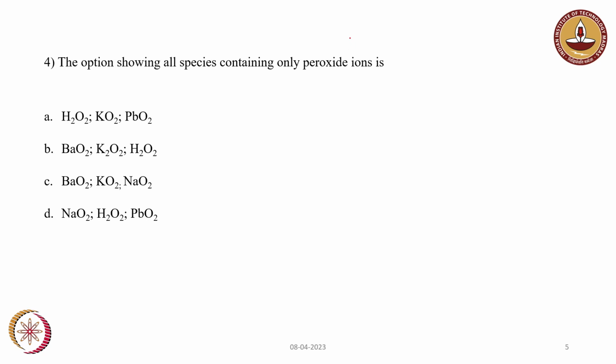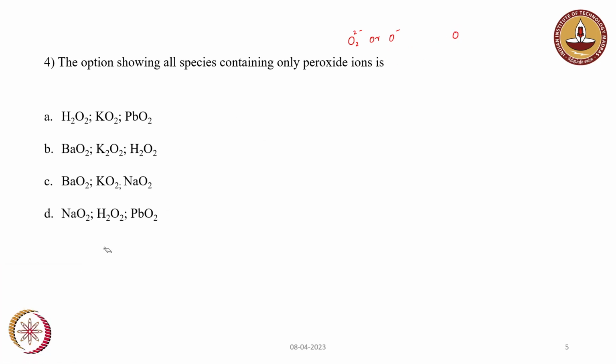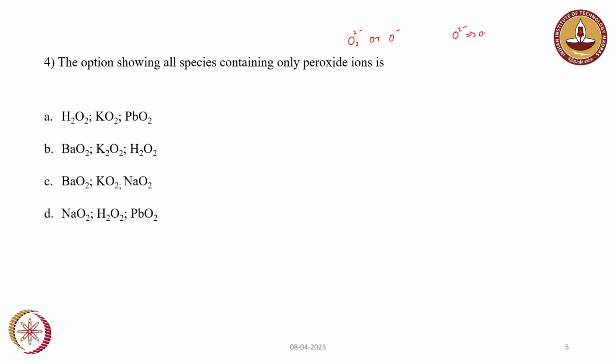So peroxide ion is O2 2 minus. O2 minus is superoxide, and O minus one half is superoxide.